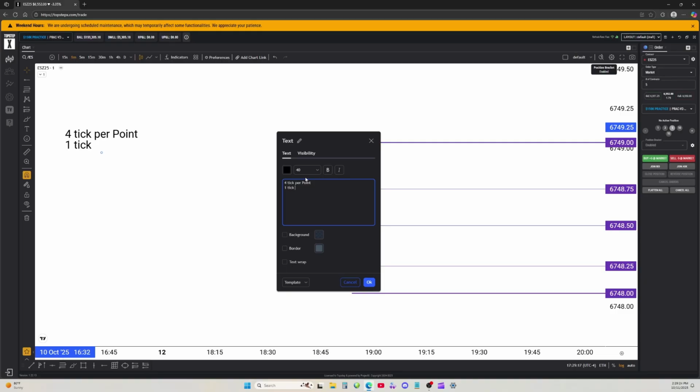One tick price movement is equal to $12.50, and then 1 point price movement is equal to $50. That's with one contract.